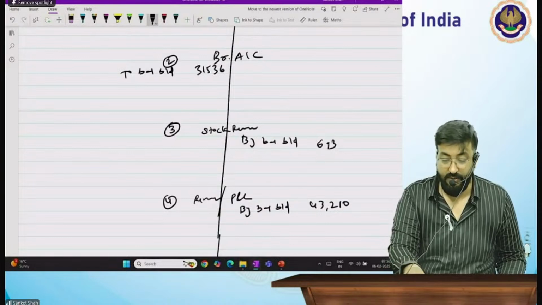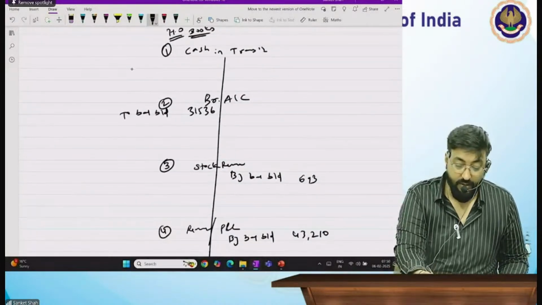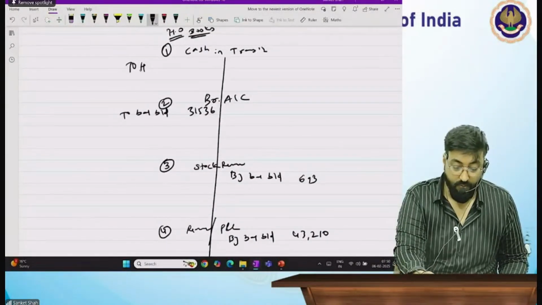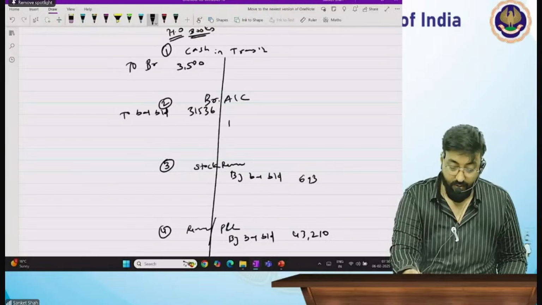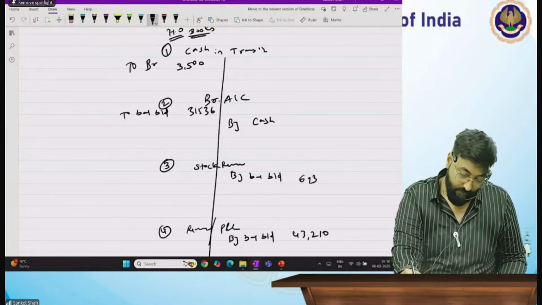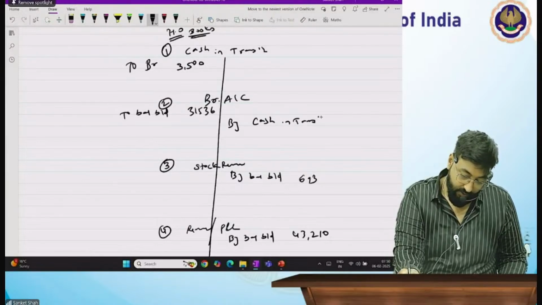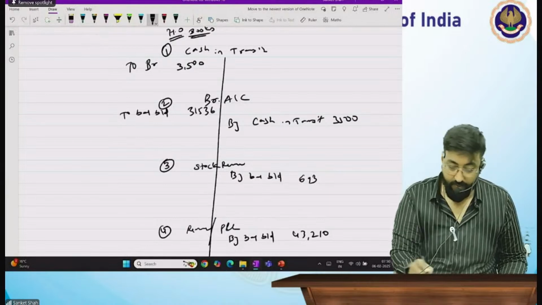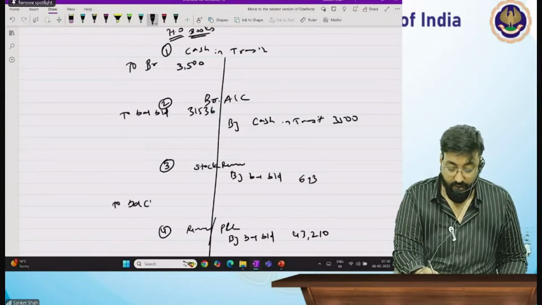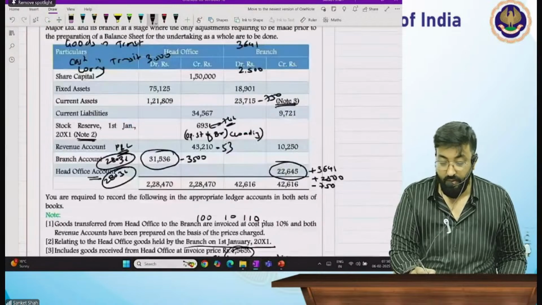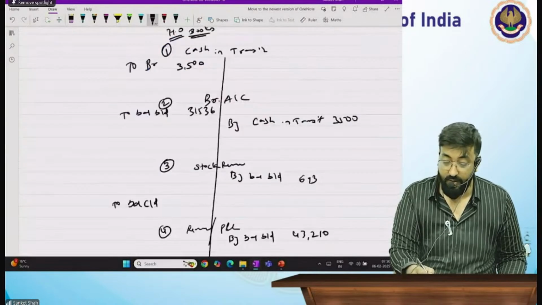Everyone understood? Yes. Now what is the entry for cash in transit? To branch, 3,500. And the second effect, branch account credit side by cash in transit 3,500. How much stock reserve did you calculate? 746.